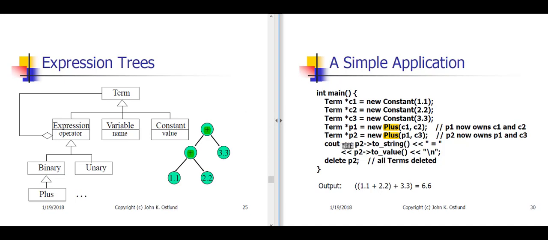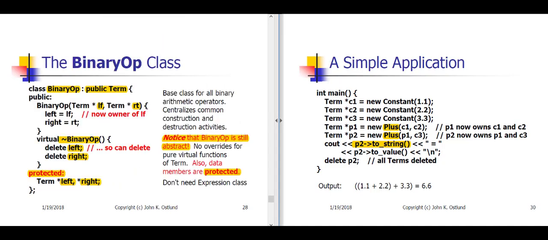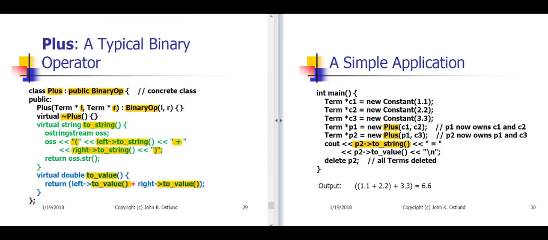When we invoke toString on the object that P2 points to, well, recall what happens. toString is going to display a parenthesis and then the left-hand side with toString called on it, and then a plus symbol, and then the right-hand side.